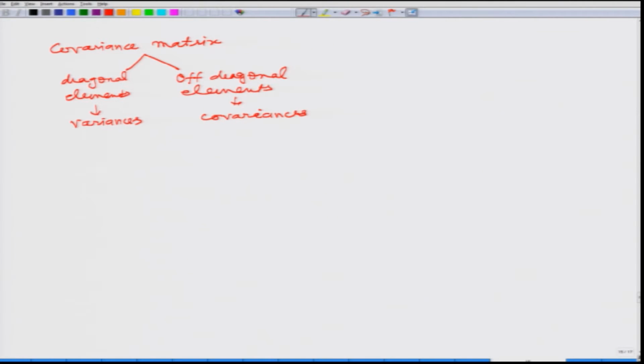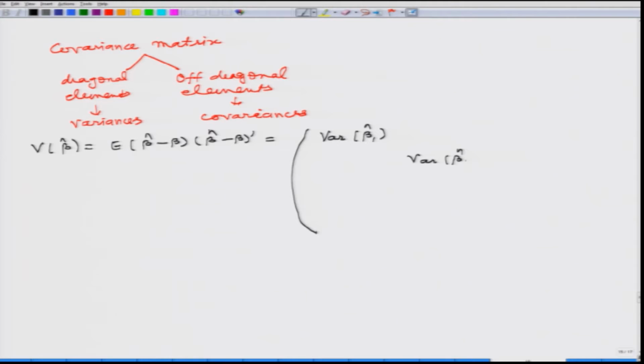So, for example, the variance covariance matrix of beta hat is the expected value of (beta hat minus beta)(beta hat minus beta) transpose, and its structure will be like this: on the diagonal we have variance of beta 1 hat, variance of beta 2 hat and so on, variance of beta k hat.